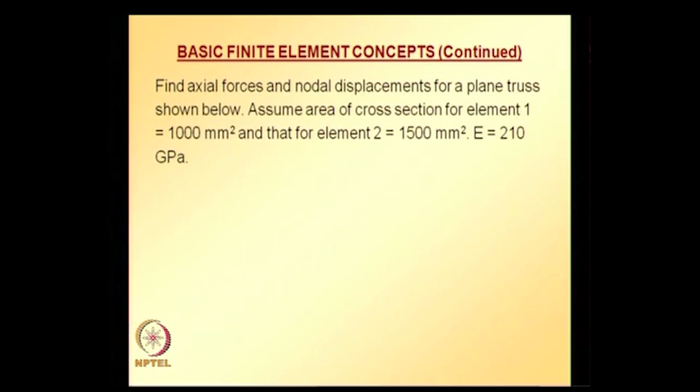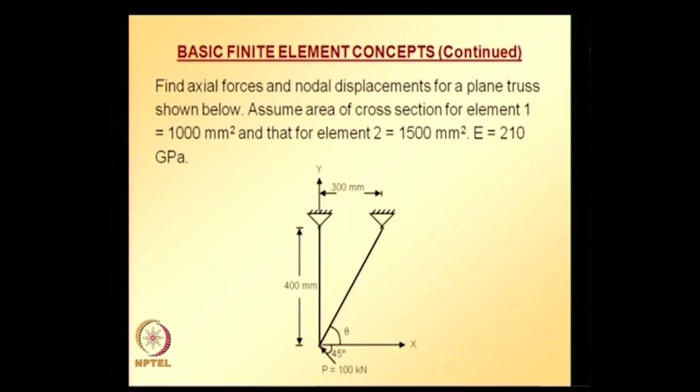Find axial forces and nodal displacements for a plane truss shown below, and assume area of cross section of element 1 to be 1000 millimeter square, and that for element 2 to be 1500 millimeter square, and material property Young's modulus is 210 GPa, and the truss is shown there and all the dimensions are indicated.